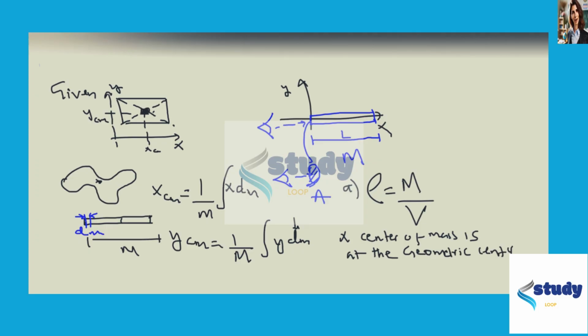Another way of saying it is, if you do your computations right, the x center of mass and the geometric center will be coincident. If the length is L, then the geometric center has to be L over 2, and we're hypothesizing that that's also going to be the center of mass. So they want us to show that it's equivalent to L over 2.